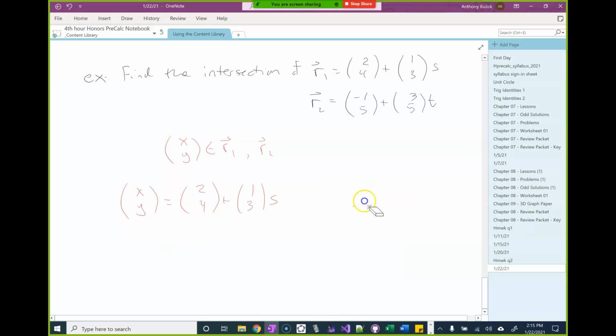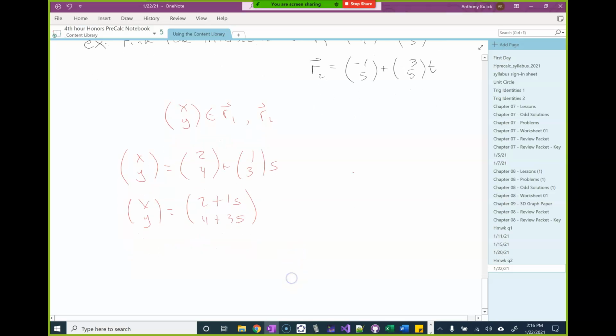So that's going to give me 2 plus 1s plus 4 or over, and then 4 plus 3s, which basically turns into the system x equals 2 plus 1s, y equals 4 plus 3s. And then similarly, that same xy has to be on R2. So we can get the same thing, that x is going to be -1 plus 3t, and y is going to be 5 plus 5t.